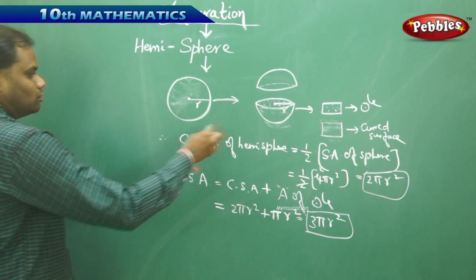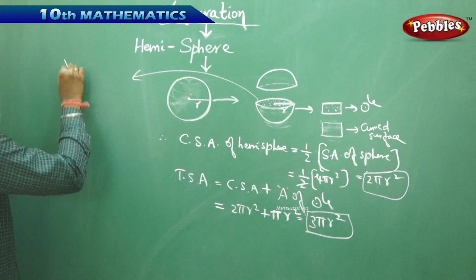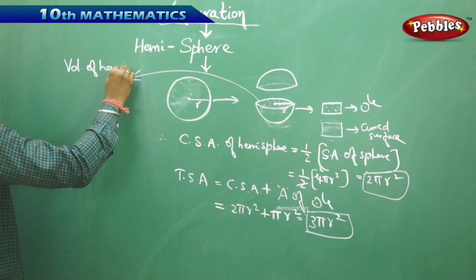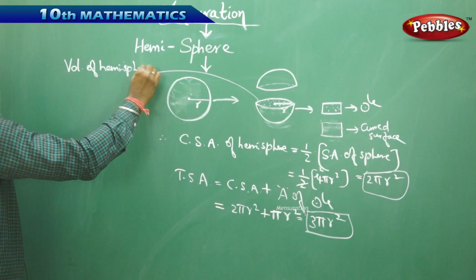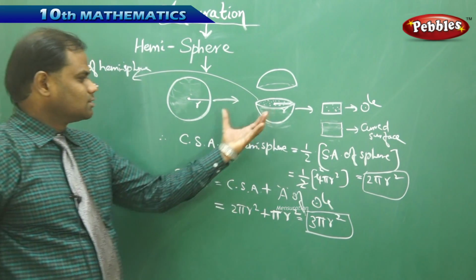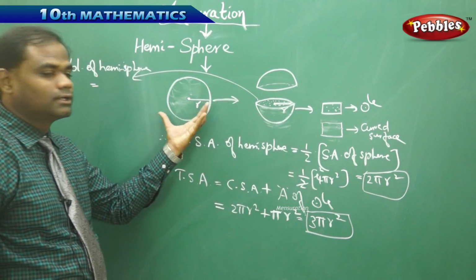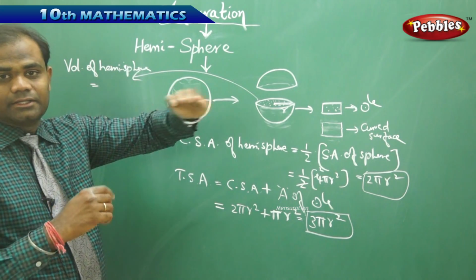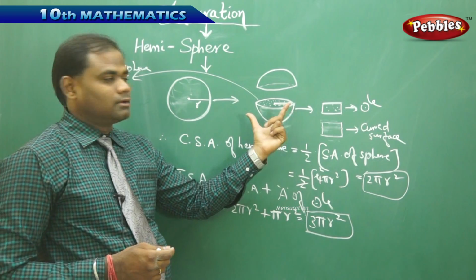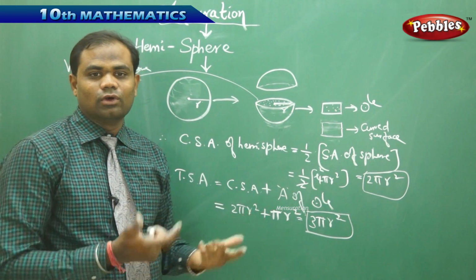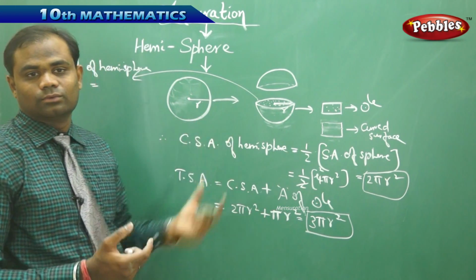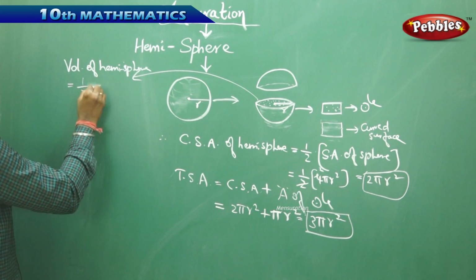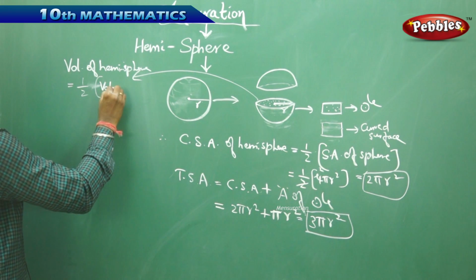Similarly, when I take the volume, the volume of hemisphere is exactly half, because when I cut the total ball exactly in the middle, I get half the ball, and half the ball is half the volume of the original. Therefore, volume of hemisphere is simply half the volume of sphere.